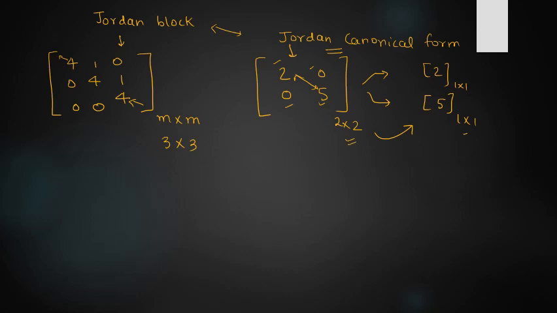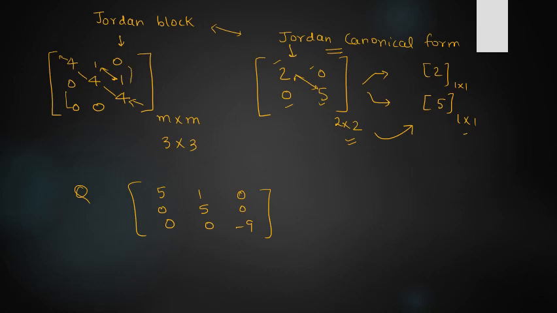Let me give you another example. You have this matrix 5 0 0, 1 5 0, and 0 0 minus 9, right? Now, in order to be a Jordan block, what we require is all the diagonal elements must be same, above that 1, and rest all elements 0, right?